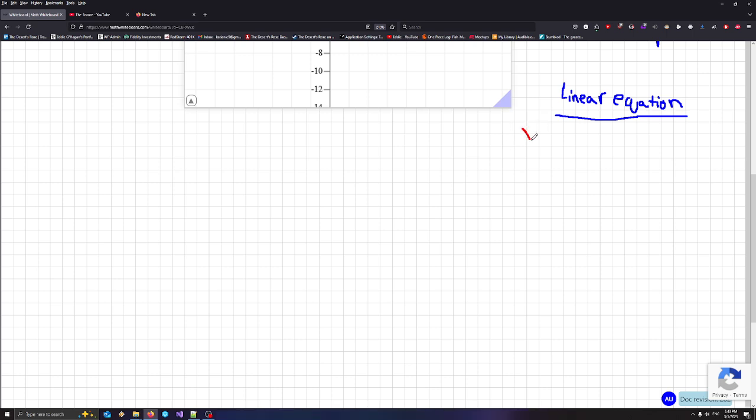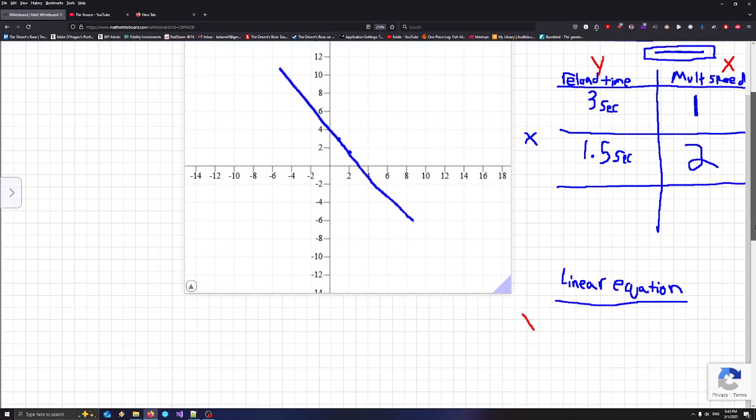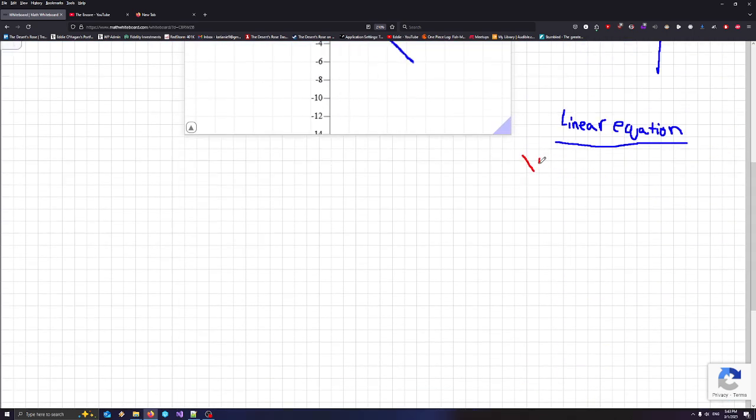The first one, the basic formula for a linear equation, is y equals m times x plus b.